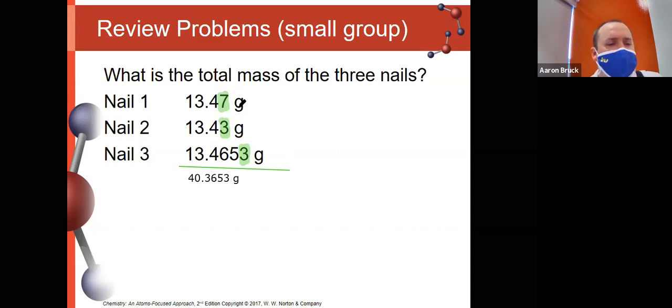So if I take those into consideration, and I highlight it here, this number is uncertain, and this number is uncertain. Now remember, we can only ever have one uncertain digit in any measured or calculated value. So right here we have 2, which is the one that we have to keep.